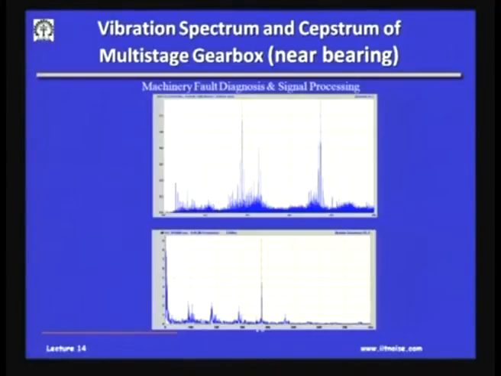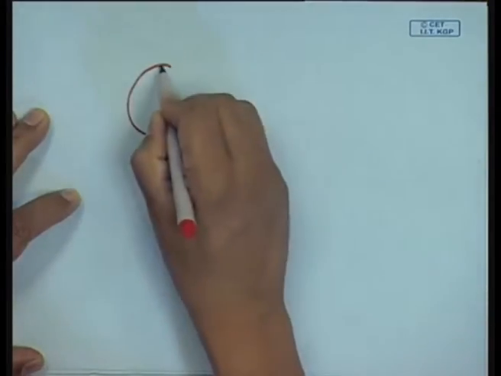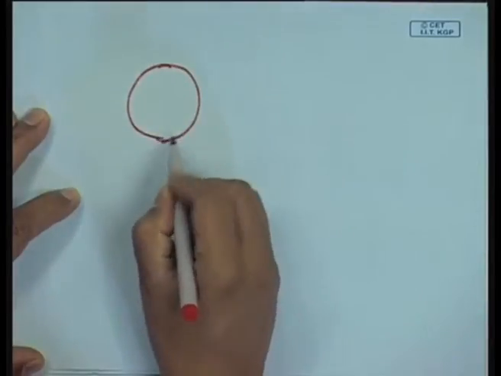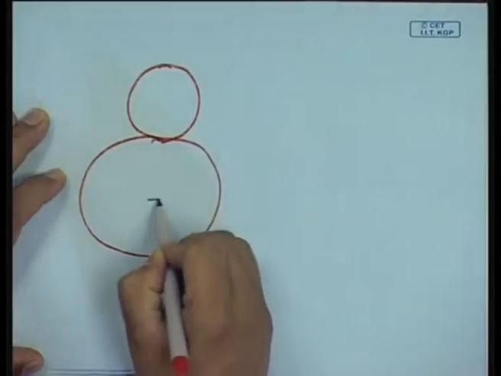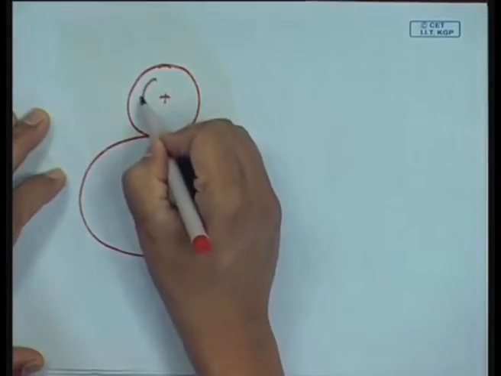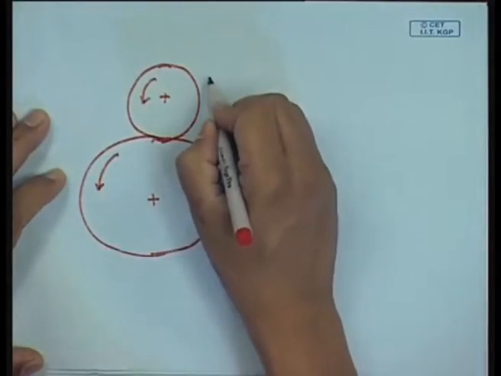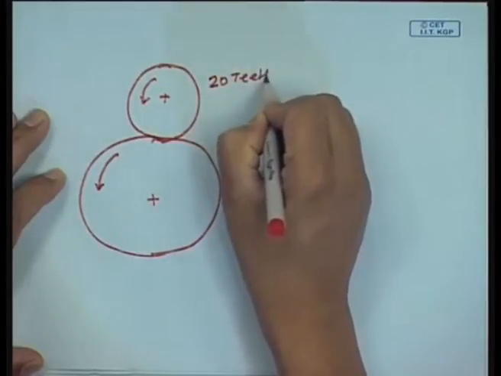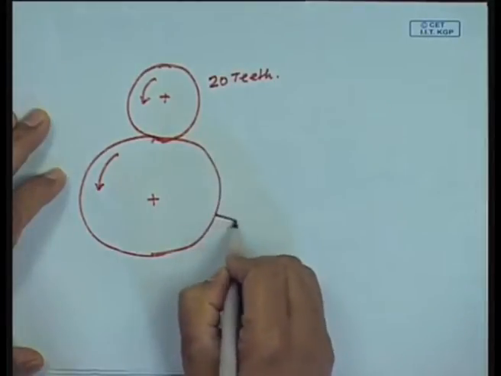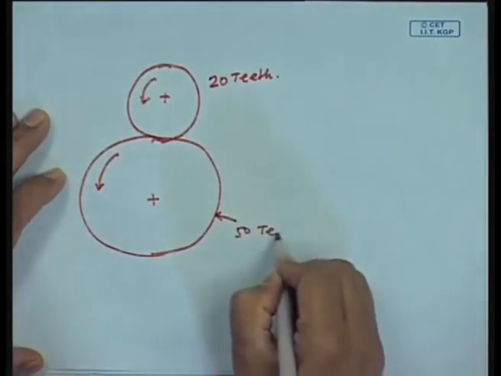I will give you another example here just from this gearbox. Suppose I have a pinion having 20 teeth, and say this is having 50 teeth.